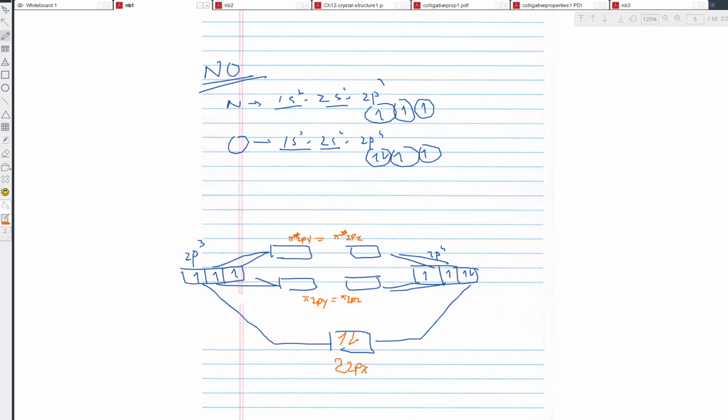The number of molecular orbitals is going to be the same as the number of atomic orbitals. You have three atomic orbitals and three atomic orbitals. These are the atomic orbitals, and these are the molecular orbitals. So the numbers are going to be equal.